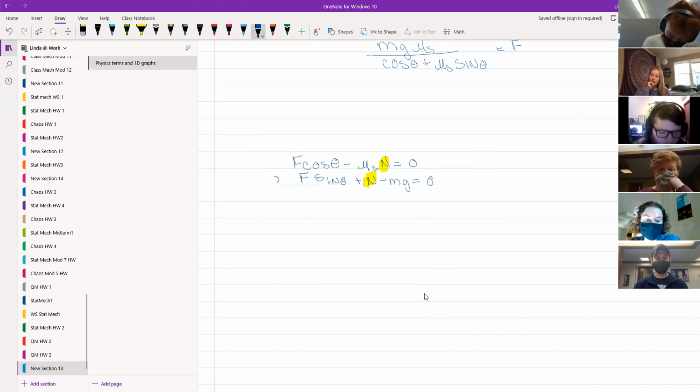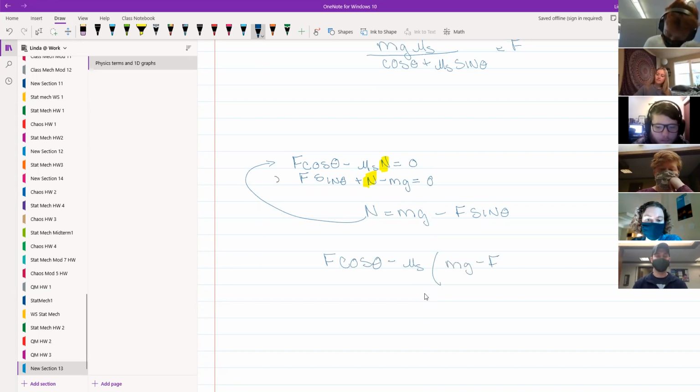So let's pick one. We'll just go normal equals mg minus f sine theta. So the other option there is to go ahead and substitute this one into the first equation. So I get f cosine theta minus mu s times mg minus f sine theta.